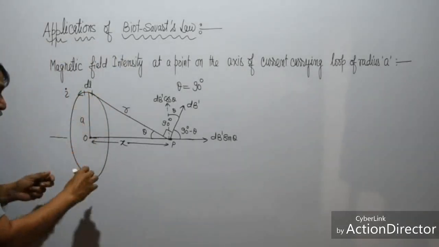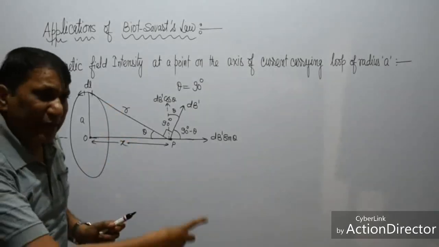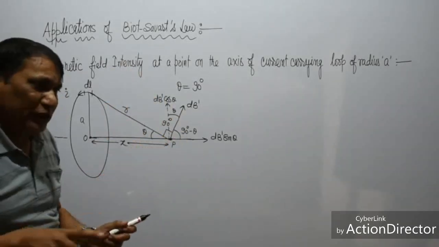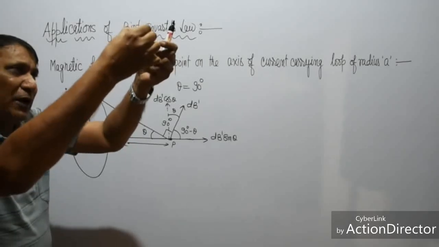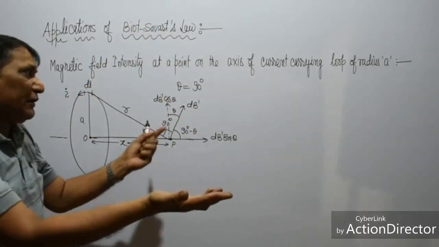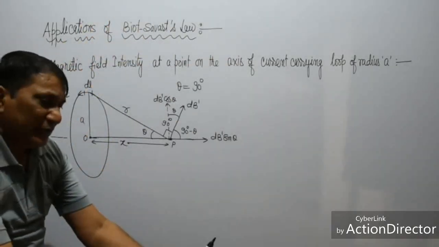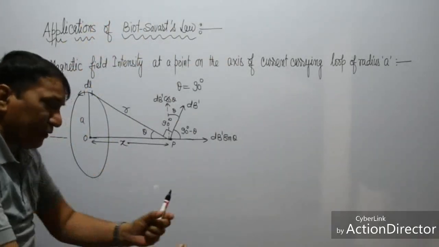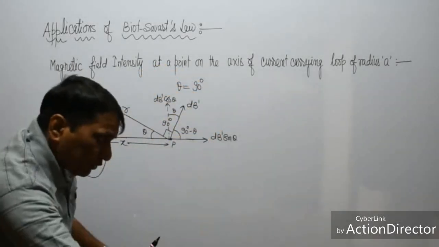Now due to symmetry of the loop along the axis, this is the loop, this is the axis. When you take dl in the upper part, dB dash cos theta is upward. When you take dl downward at the lowest point, the dB dash cos theta will be just below, downward.